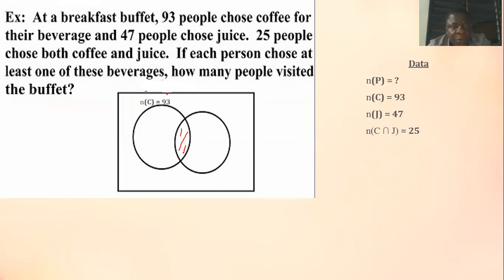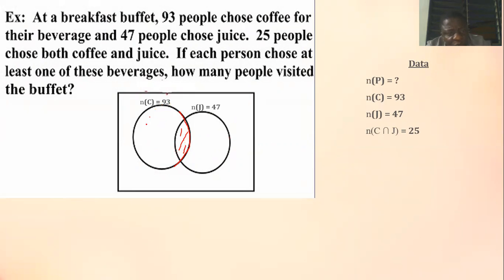The 93 here represents all the people who prefer coffee, and that includes the whole circle overlapping with the juice. So what has happened here? In this case too, it implies that the 47 include the people who like only juice plus those who like both juice and coffee. The 93 include those who like only coffee plus those who like both coffee and juice.